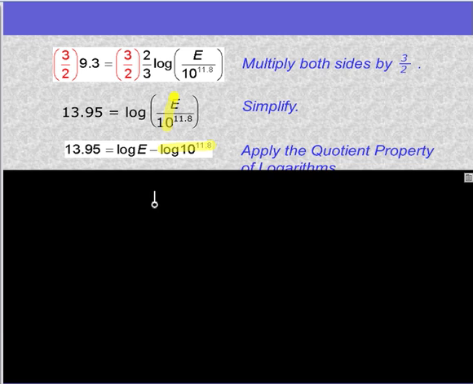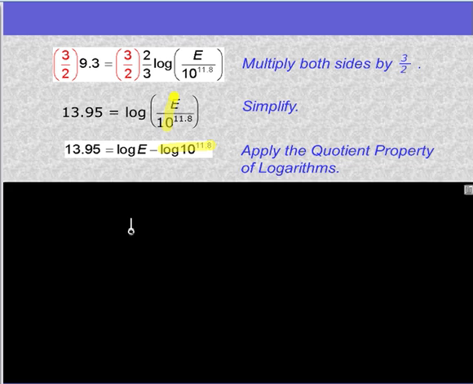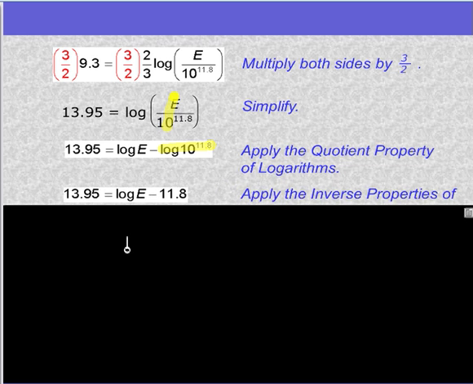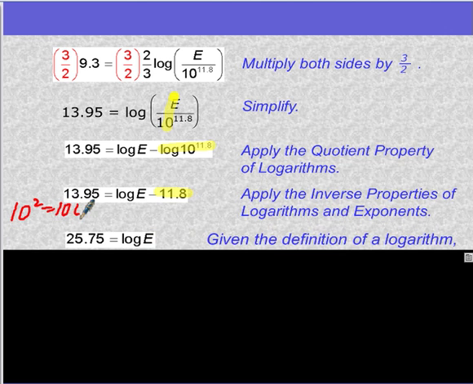So the log of 10 to the 11.8, well, of course it is 11.8, we know that. Add 11.8 to both sides and we get to this. So how do we find E from the log of E? Well, remember, 10 squared equals 100. The log to the base 10 of 100 is equal to 2.